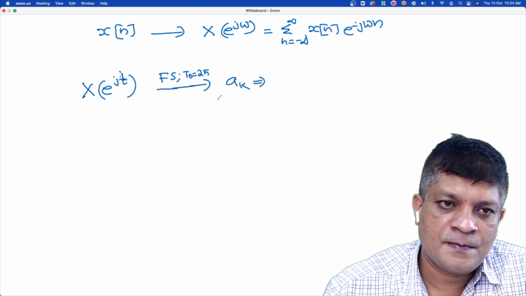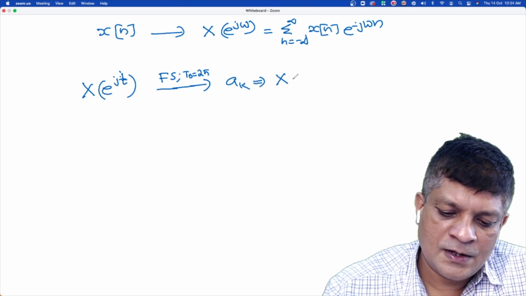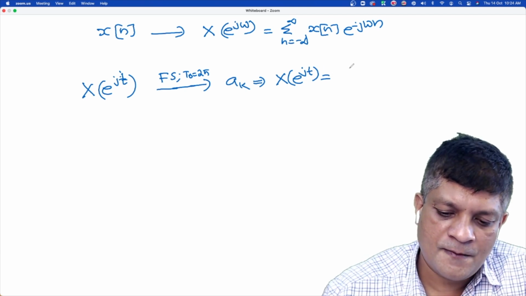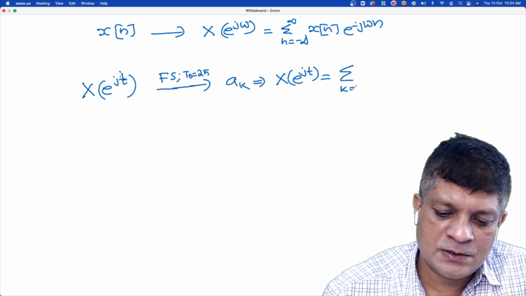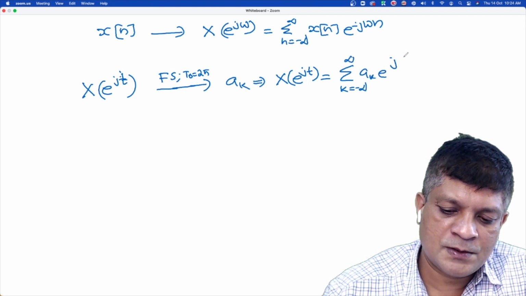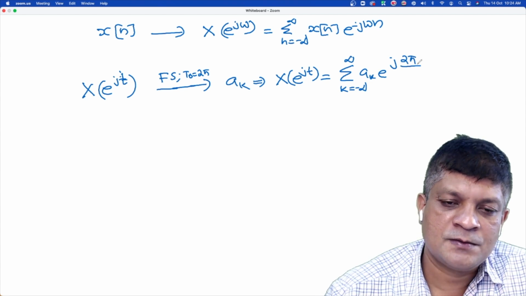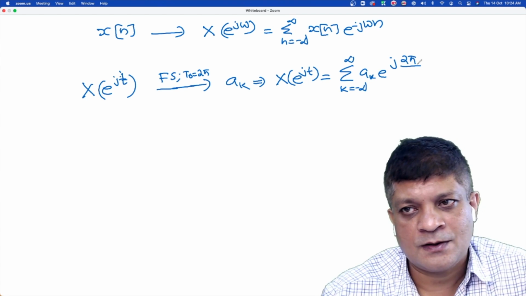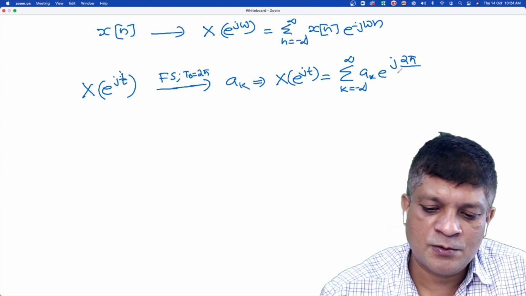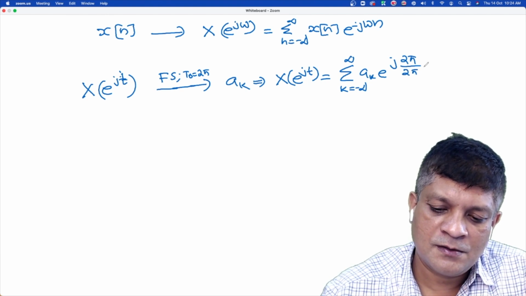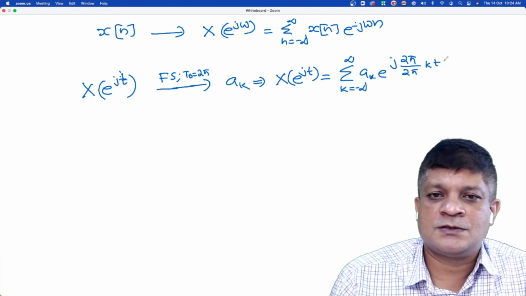What does this mean? We can write X(e^{jt}) as what? What is the Fourier series summation? a_k times e^{j2π/T_0}, isn't it? What is T_0 here?